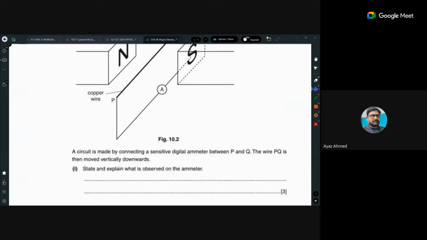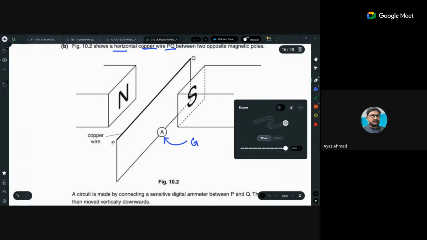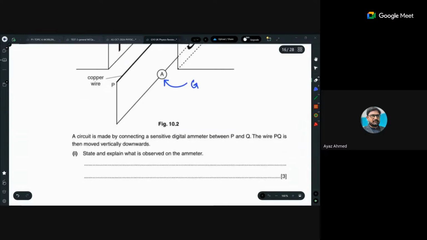Since they have not stated anything about a battery, it means the battery is not connected. This is a meter, a galvanometer. So this question is not dealing with the rules of a motor. It is dealing with the rules of induced EMF. Okay?